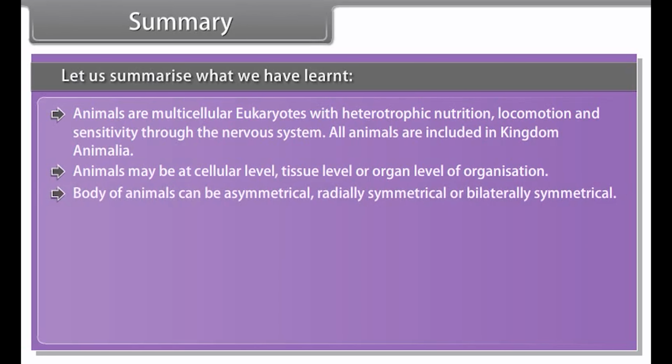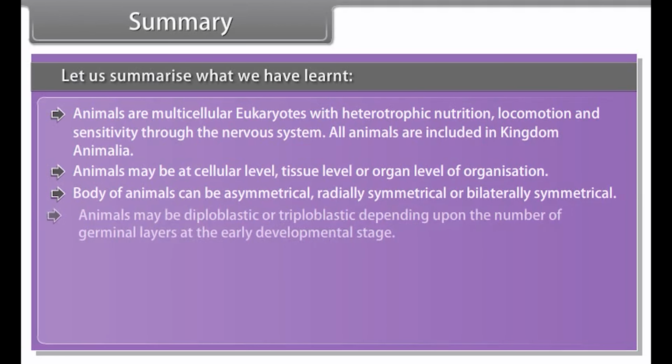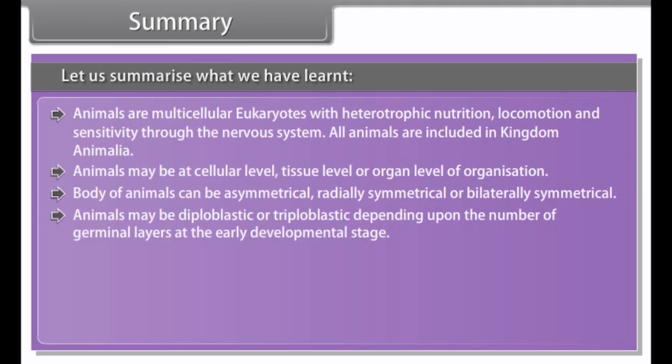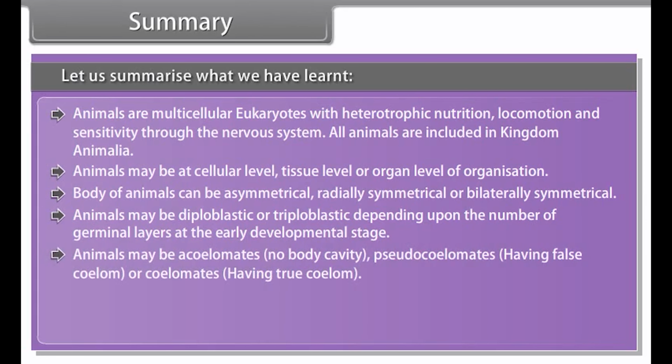The body of animals can be asymmetrical, radially symmetrical, or bilaterally symmetrical. Animals may be diploblastic or triploblastic depending upon the number of germinal layers at the early developmental stage. Animals may be acoelomates, with no body cavity, pseudocoelomates, having a false coelom, or coelomates, having a true coelom.